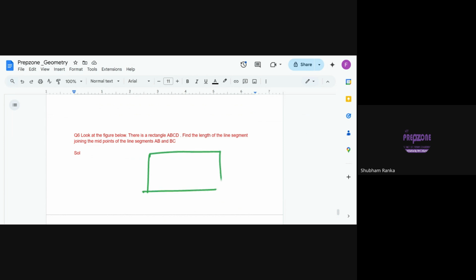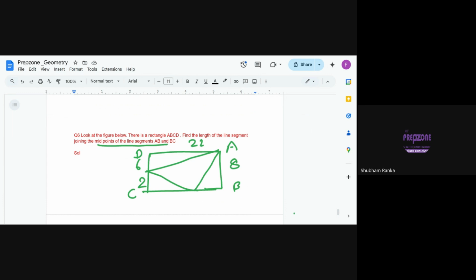So this is a rectangle, let's call it ABCD. और जो ये मिड पॉइंट था उसका मतलब था कि let's say this is 8, if this is 6, this is 2.